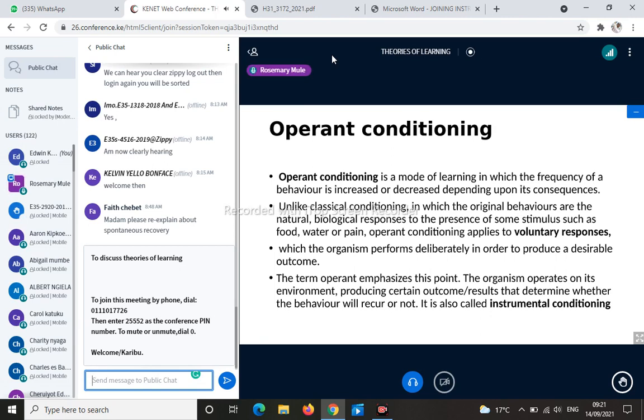The term operant emphasizes these points, that the organism operates on its environment, producing certain outcomes or results that determine whether the behavior will occur or not. Sometimes operant conditioning is also referred to as instrumental conditioning.